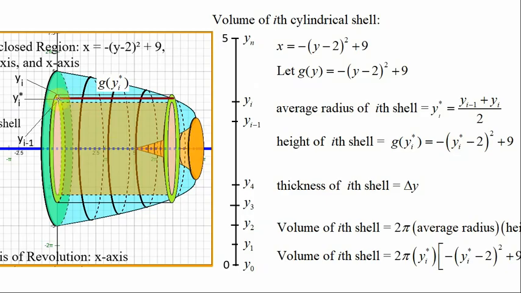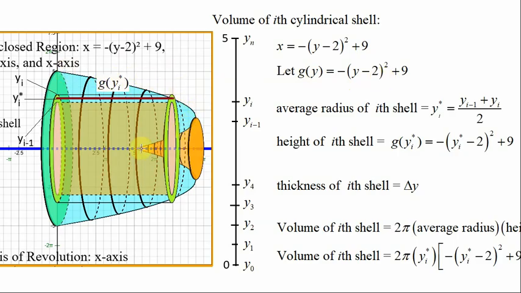To get the height of the shell, we're going to use y sub i star, the average radius, along with the equation x equal to negative (y minus 2) squared plus 9, which we call g of y equal to negative (y minus 2) squared plus 9.